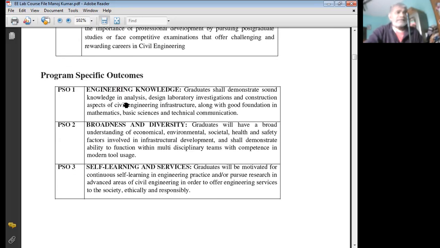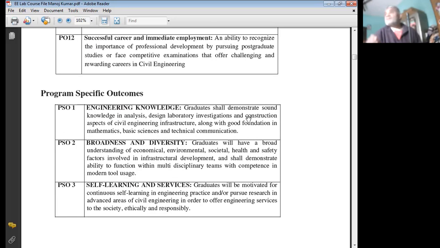Program specific objectives. Engineering knowledge: graduates shall demonstrate sound knowledge in analysis, design, laboratory investigation and construction aspects of civil engineering infrastructure, along with a good foundation in mathematics, basic sciences and technical communication.